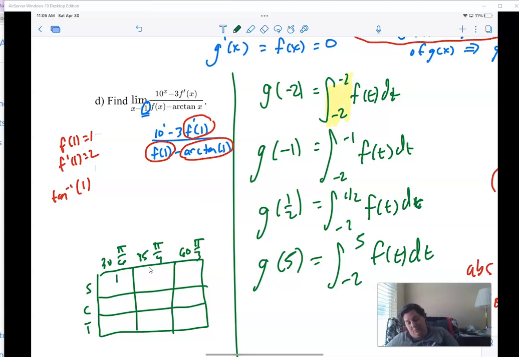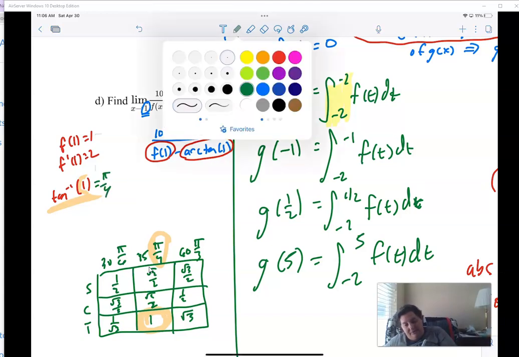This is 1 over 2, root 2 over 2, root 3 over 2, root 3 over 2, root 2 over 2, 1 over 2, 1 over root 3, 1, root 3. What this means is what angle does tangent equal 1? Tangent equals 1 right here, at pi over 4. The inverse stuff is going backwards on your chart. So the arctan of 1 is pi over 4.